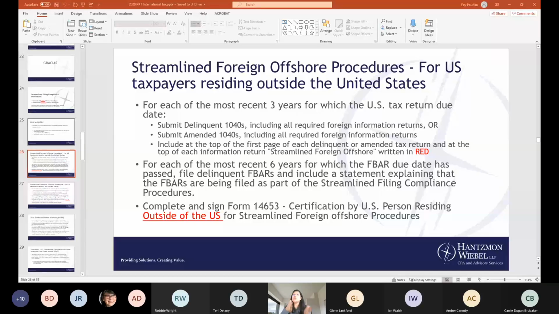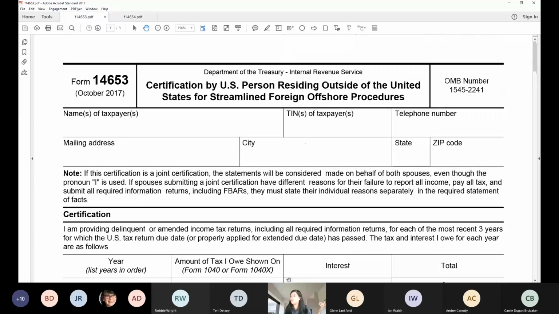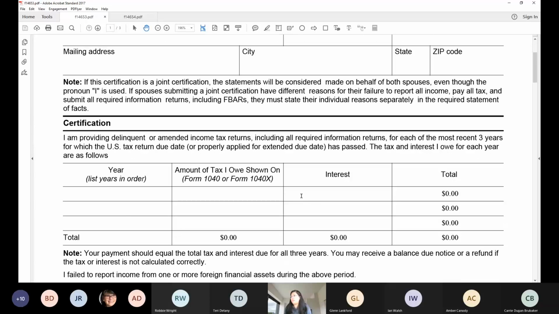And then the certification I was telling you about, which is Form 14653, telling the government about her situation. It's a sworn statement that I failed to do all these things, but these were all unintentional. I hope I can show you what that form looks like. It's really just another IRS form.